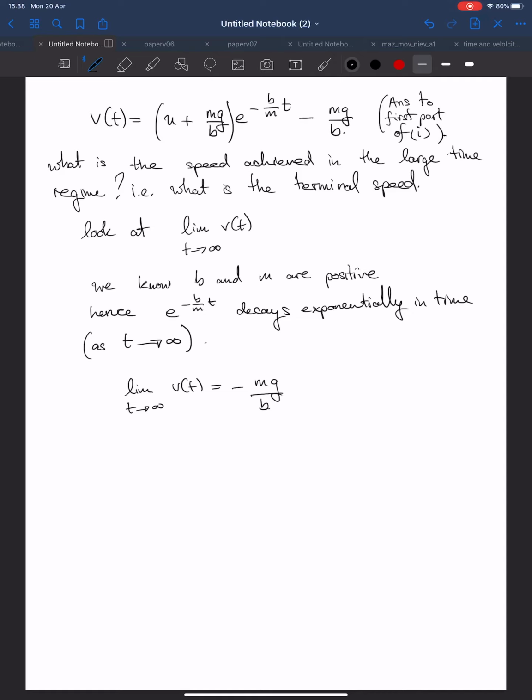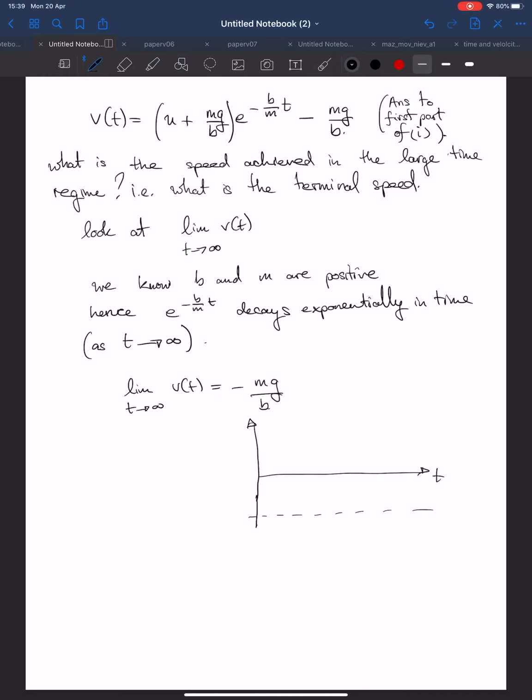So basically your graph of the solution looks something like this. Time, there is minus. And this corresponds to when it's falling back down.